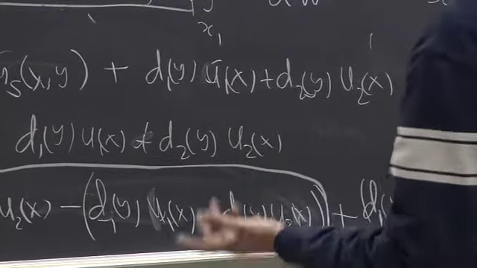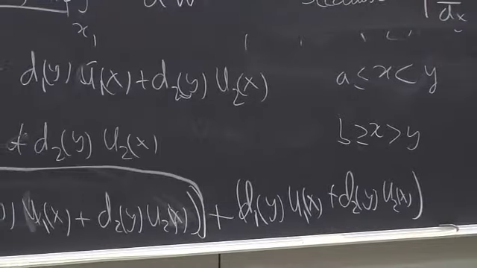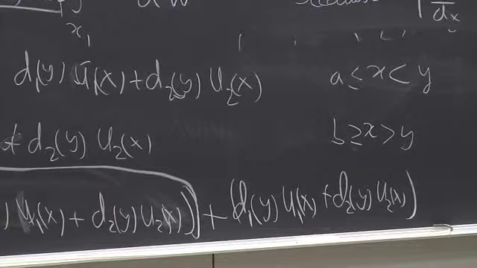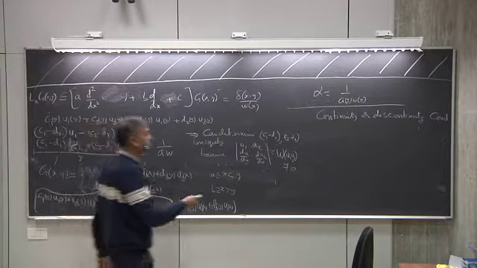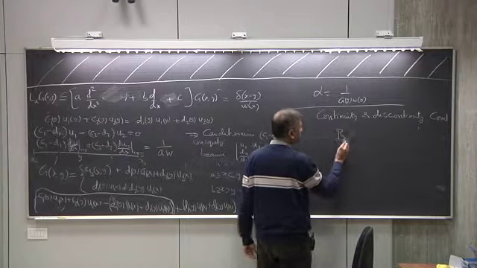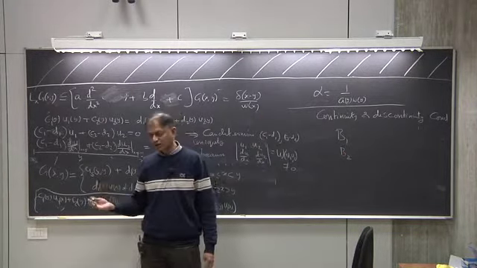As a function of x, G must satisfy the same boundary conditions that u satisfies, right? I mean, L acting on u satisfies certain boundary conditions, which I denote by B1 and B2. These are two linear homogeneous boundary conditions.